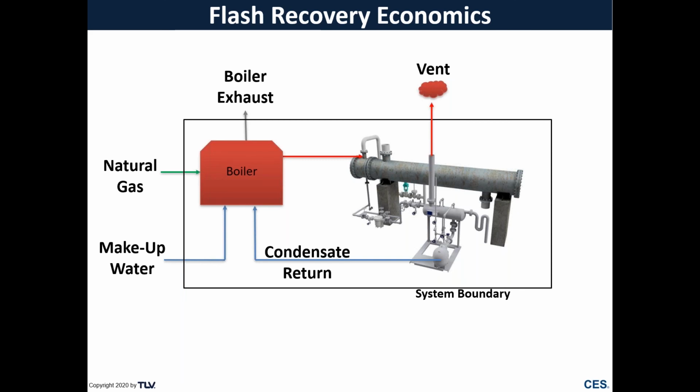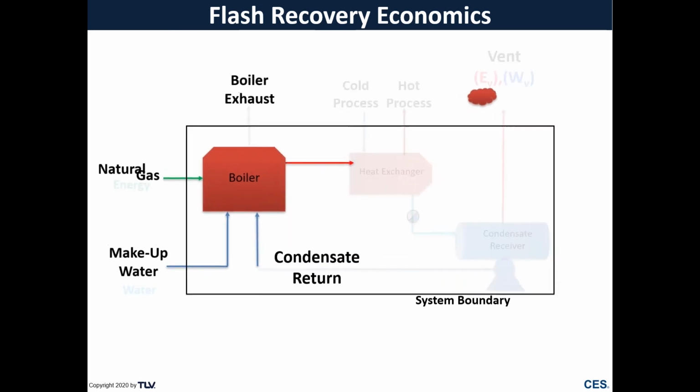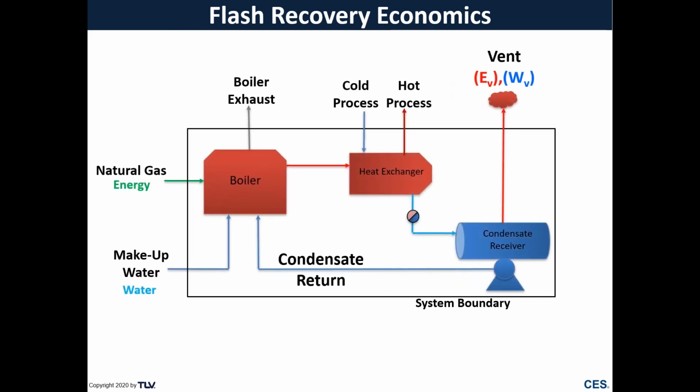So the next slide here is basically the exact same thing. We still have our heat exchanger, we still have our condensate receiver that's being vented, and we're returning our condensate back to the boiler. So this is just an easier way to view all the flows. Our natural gas on the left has an energy value, the amount of energy we need to heat up and boil our water, turn it into steam, and supply it to our heat exchangers.